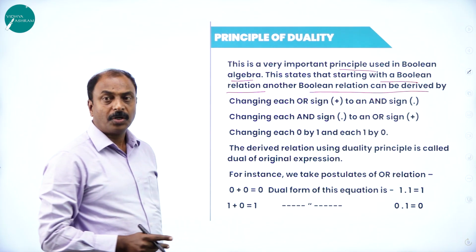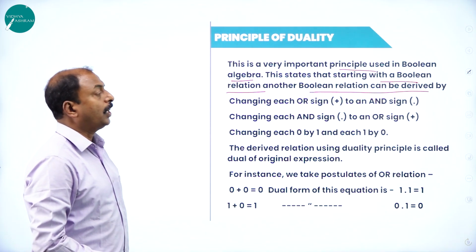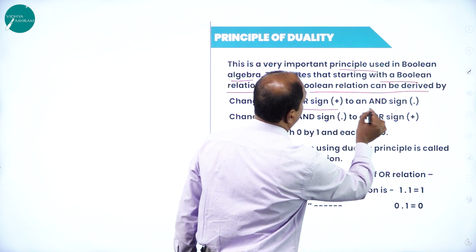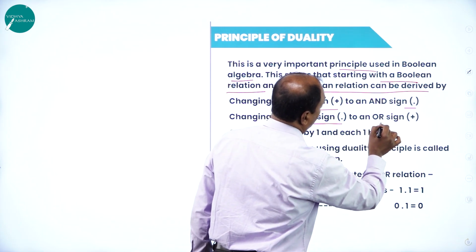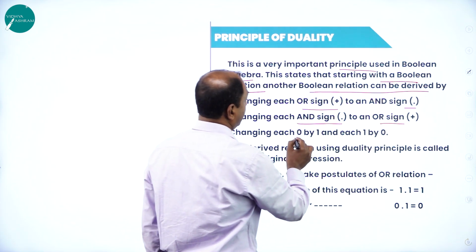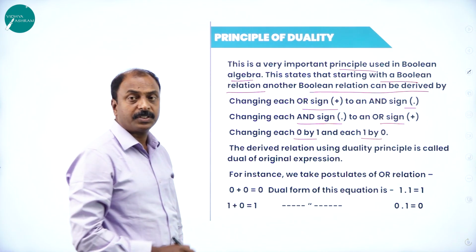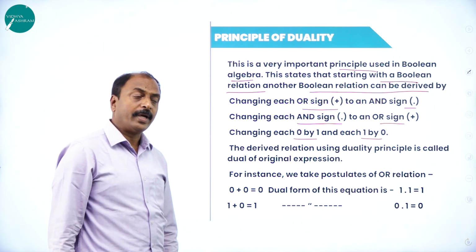I mean, starting with one equation, we can arrive at another equation. How? By changing each OR sign to an AND sign, and each AND sign to an OR sign, and changing 0 by 1 and 1 by 0 in the Boolean equation or Boolean circuit. So this is the definition of the principle of duality.